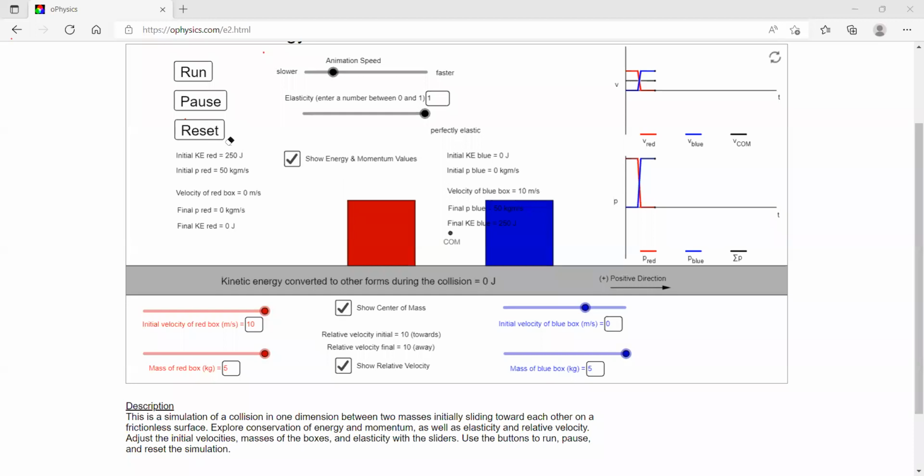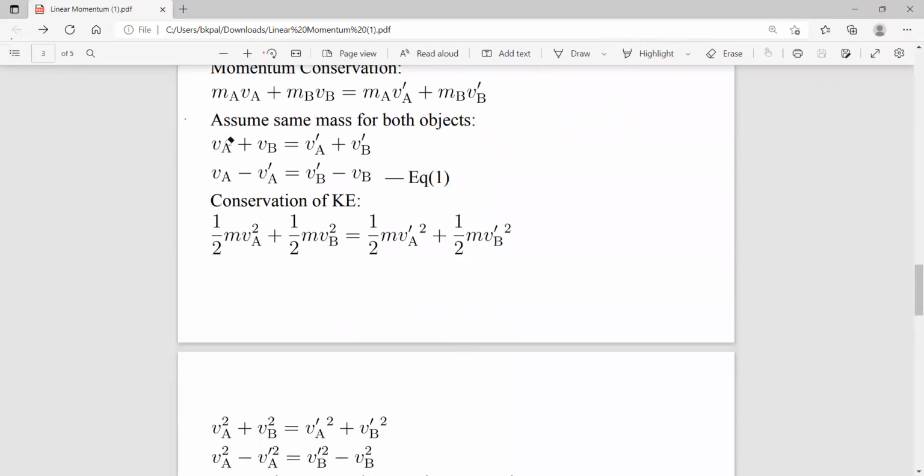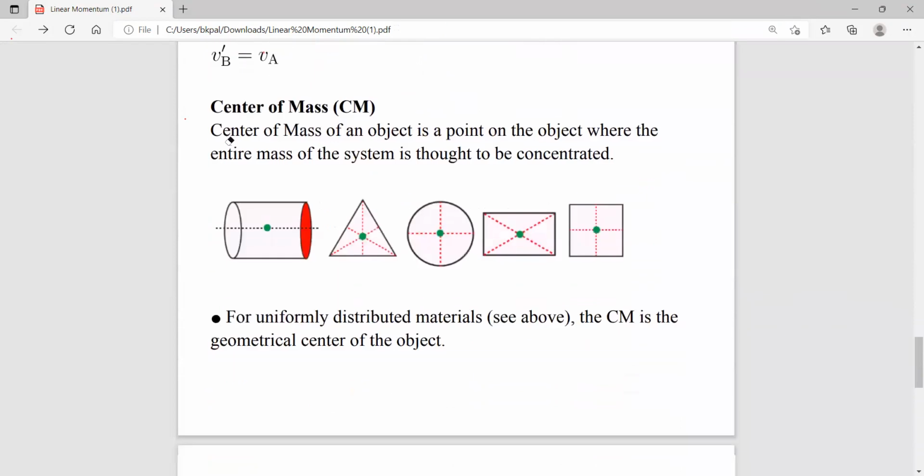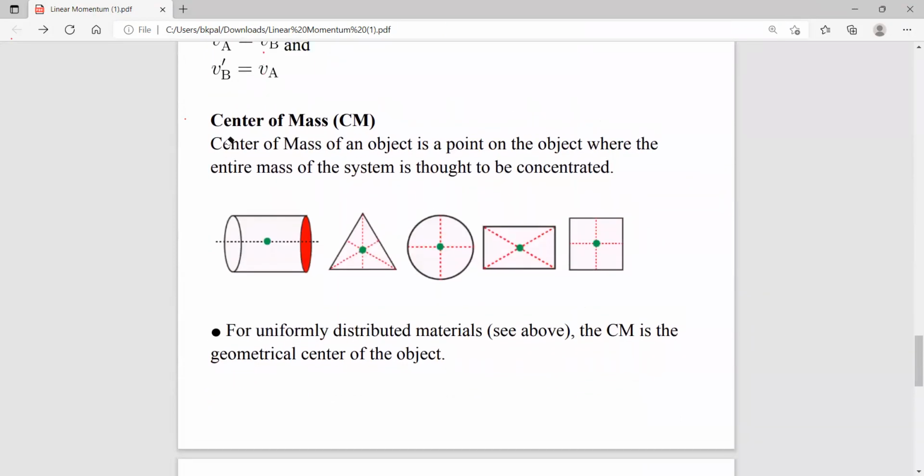Now the next thing we are going to learn is the center of mass. So what is the center of mass? We normally use the symbol Cm to represent center of mass. The center of mass of an object is a point on the object where the entire mass of the system is thought to be concentrated. For example, let's look at these pictures.